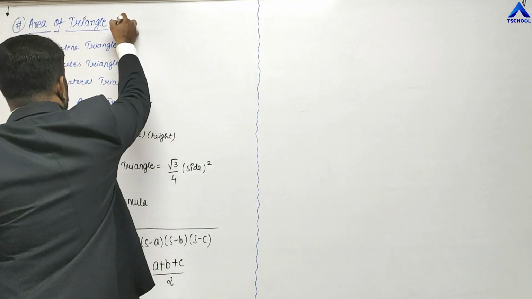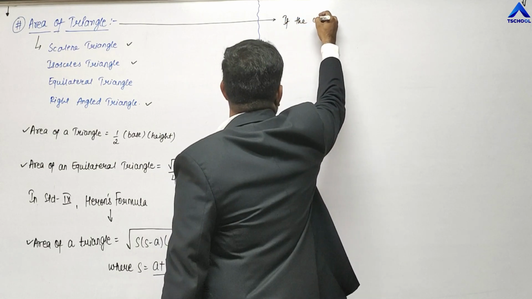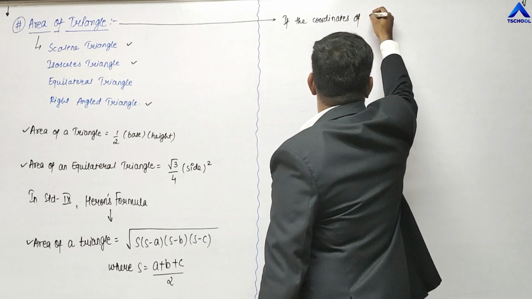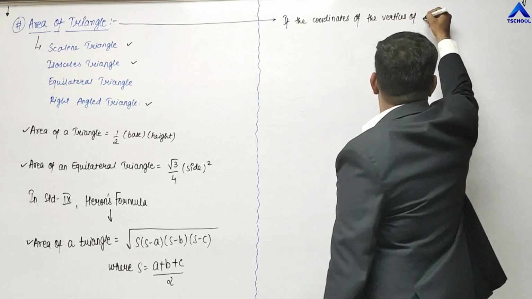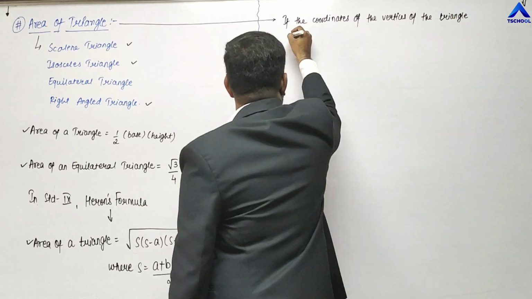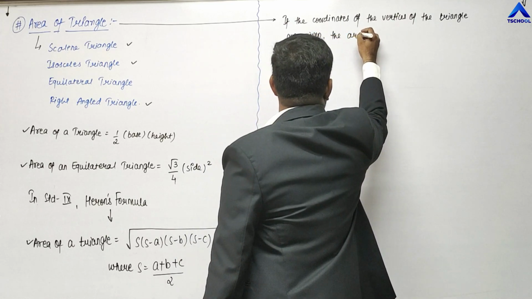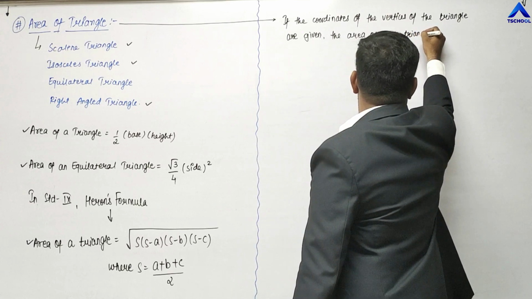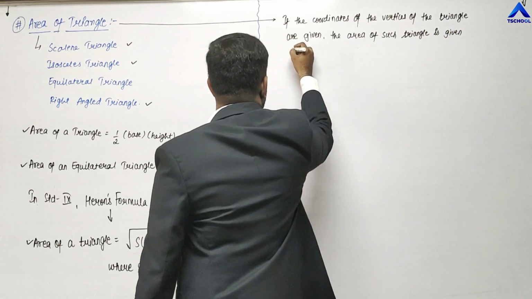Right, so here, if the coordinates of the vertices of the triangle are given, then the area of such a triangle is given as follows.